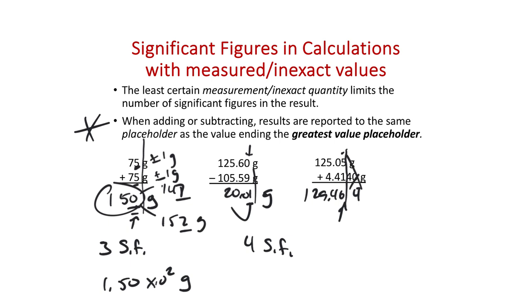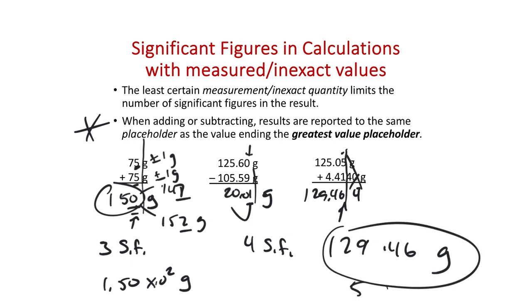Different numbers of decimal places just imply that we used 2 different types of balances. So I get 129.46, applying an ordinary rule of rounding: if it's 5 or greater, round up; if it's less than 5, round down. So 129.46 grams, to 5 sig figs.